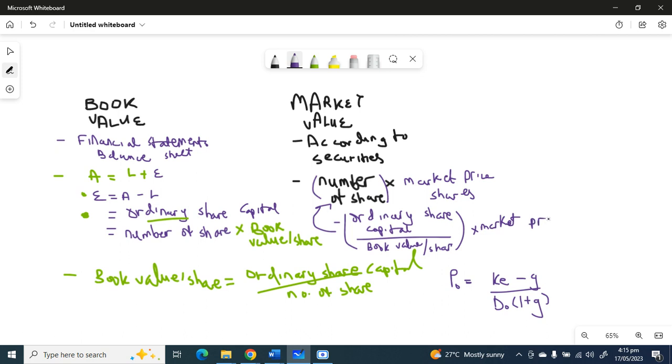And then if you want to get the market price of each of the shares, we use the formula below. Here, P0 equals the cost of equity minus the growth rate of the dividends divided by the dividend that has been paid, open brackets, 1 plus the growth rate of the dividends.